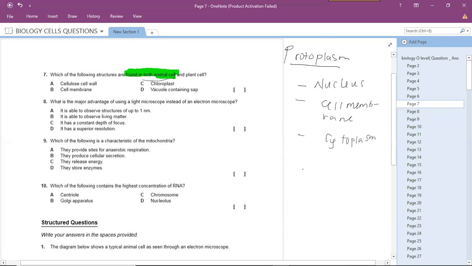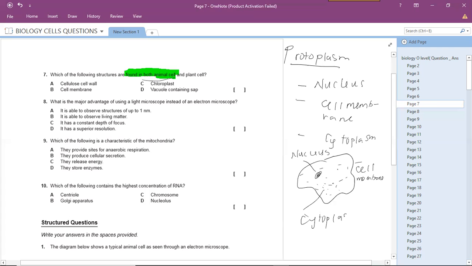So these structures here: a nucleus to control all cell activities, a cell membrane that is selectively permeable, and a medium where your organelles can be and all your cellular reactions are supposed to be, the cytoplasm.